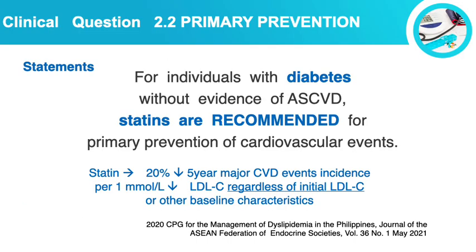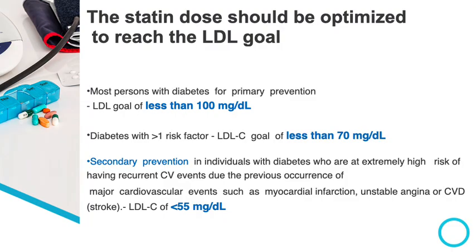So, the statement in the guidelines says that for individuals with diabetes without evidence of ASCVD, statins are recommended for primary prevention of cardiovascular events because statins are noted to decrease by 20% the 5-year major cardiovascular event incidence for every 1 millimole per liter reduction in LDL-C, regardless of the initial LDL cholesterol level or other baseline characteristic.